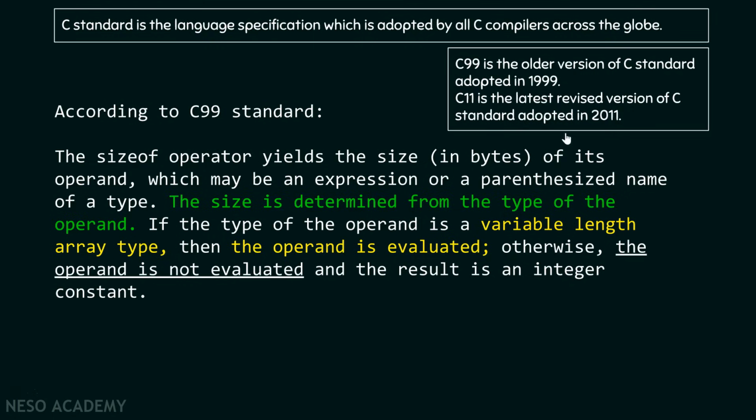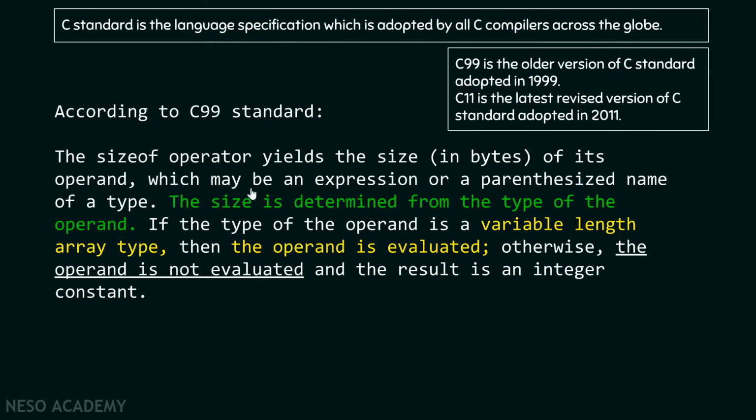Now, according to C99 standard, the sizeof operator yields the size of its operand, which is in bytes, right? That is the functionality of sizeof operator, which may be an expression or a parenthesized name of a type.